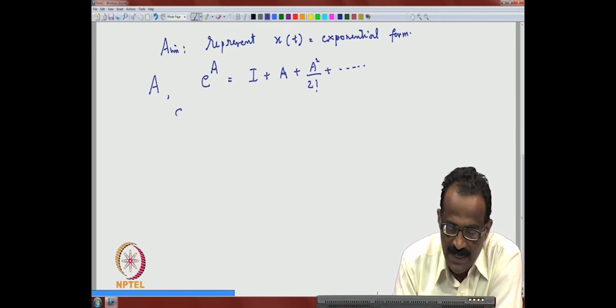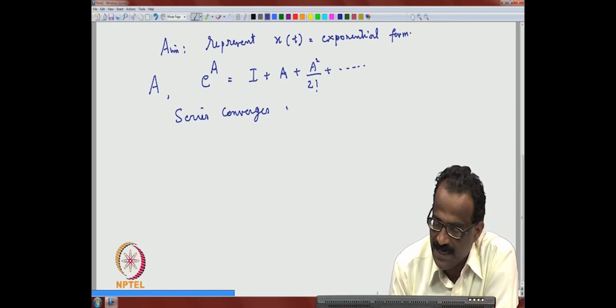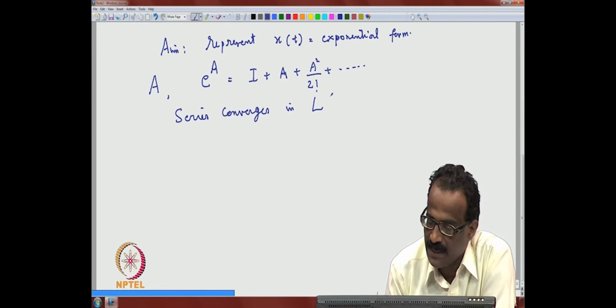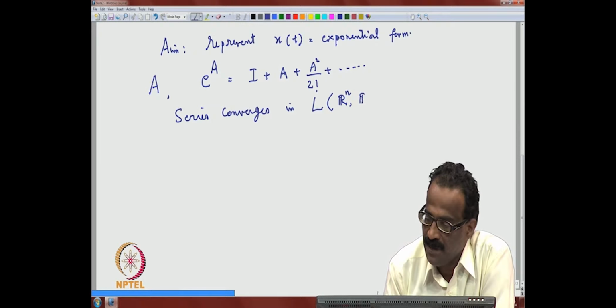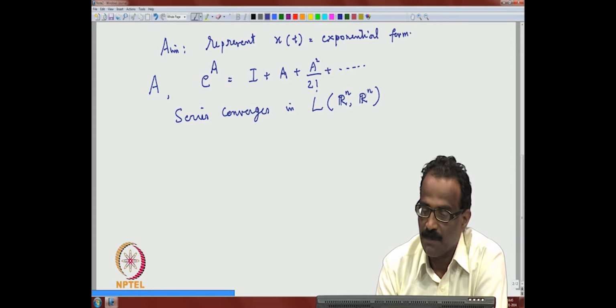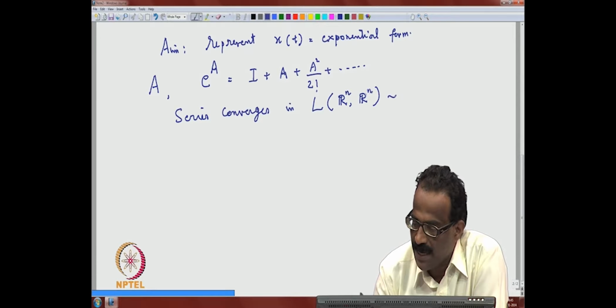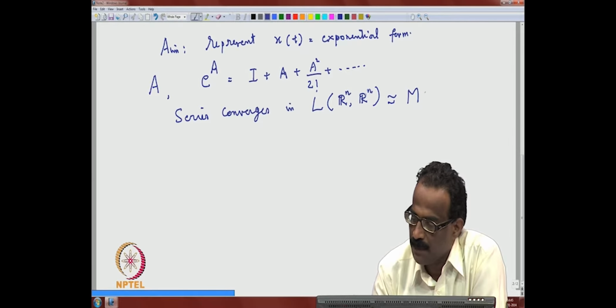Where the series converges, that is, what series converges in the set of all linear operators from Rn to Rm. So, in this case, given a matrix, one can view it as a linear operator from the space Rn to the space Rm, and this is also identified with the set of all n by n matrices.